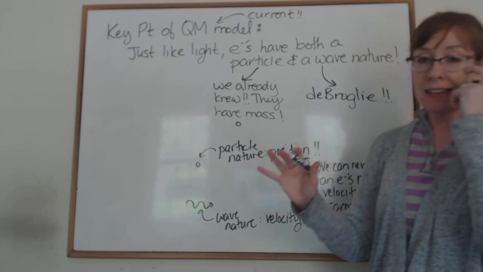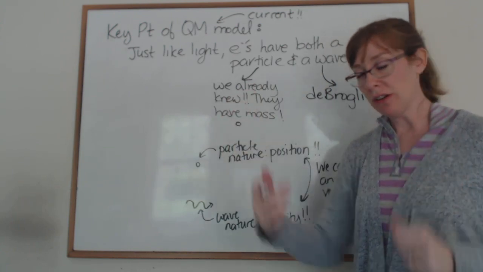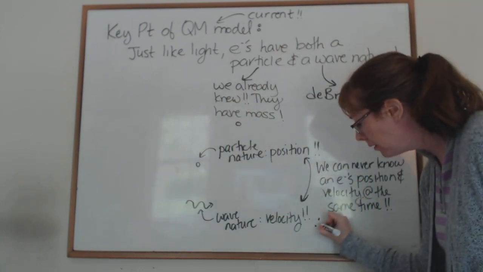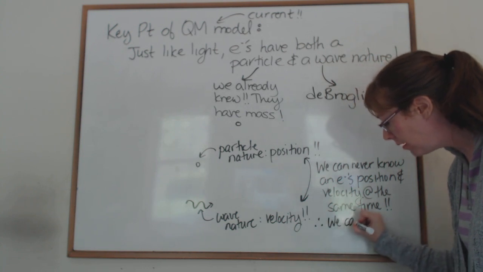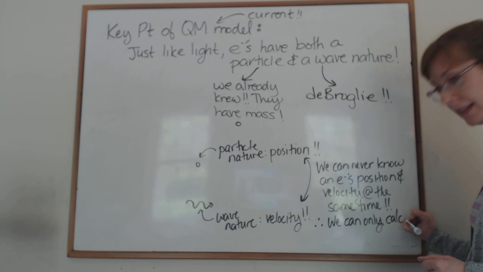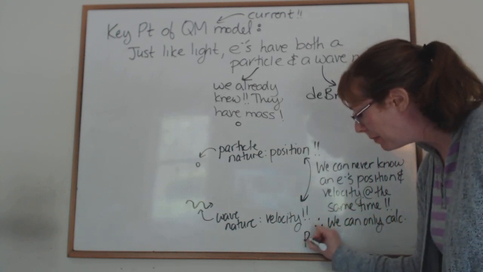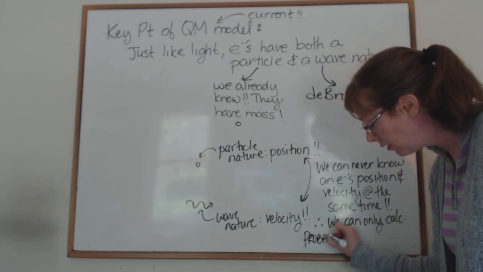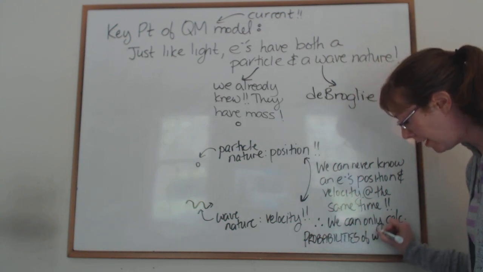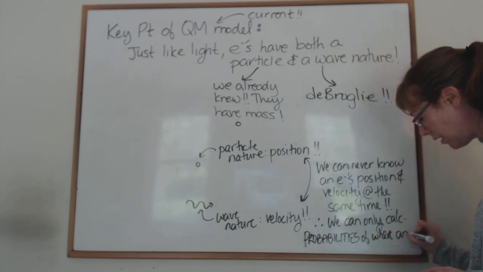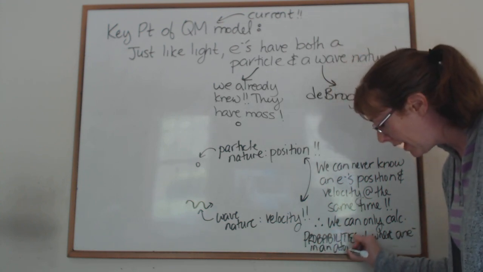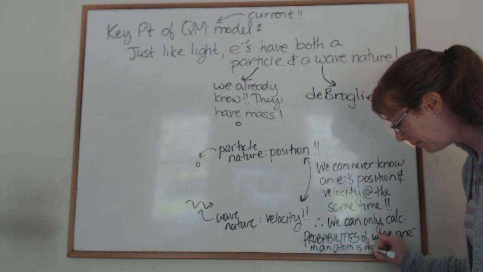But what it does lead us to is this major concept about quantum mechanical theory. Therefore, we can only calculate probabilities of where an electron in an atom is most likely to be.